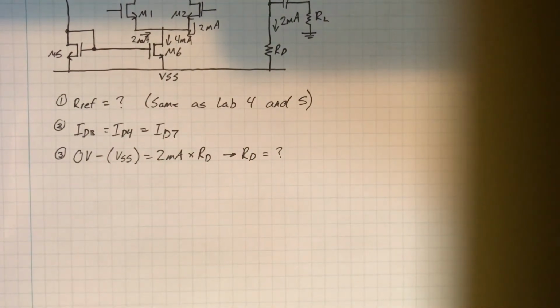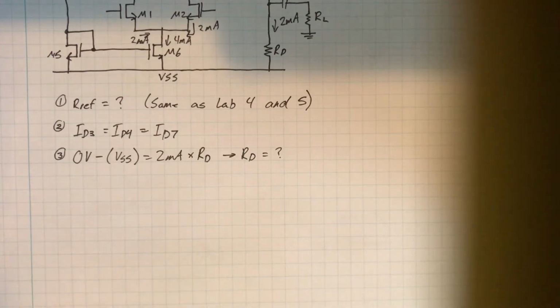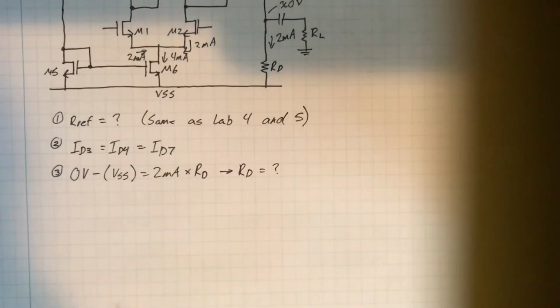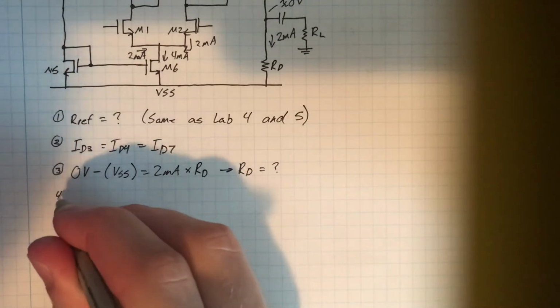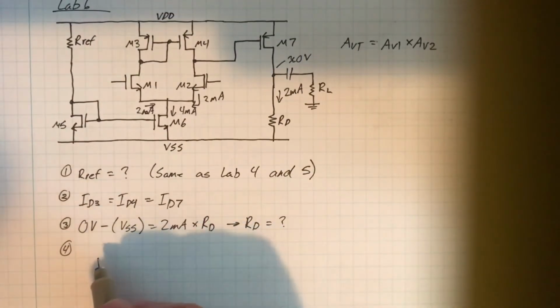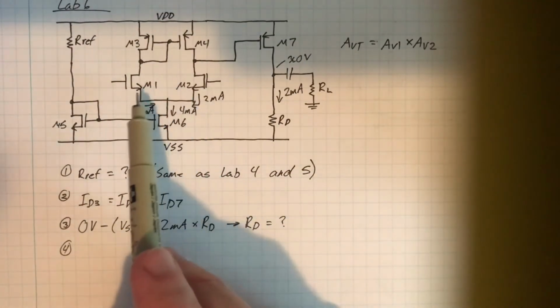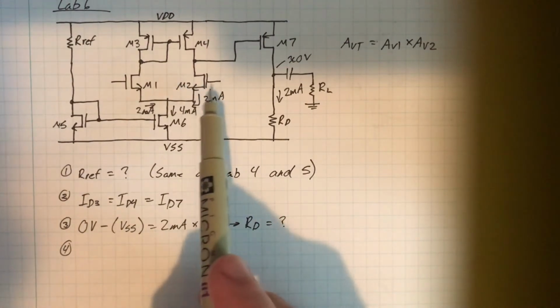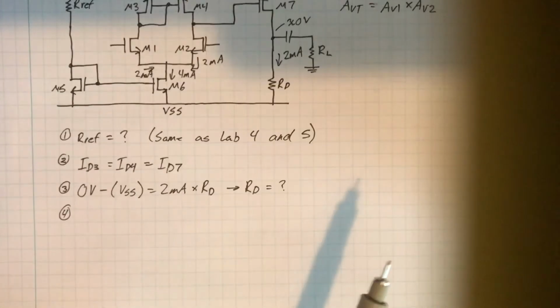Okay, determine the voltage gain of the second stage, and don't forget to include RL. So, the common source amplifier basically behaves similar to the differential amplifier.